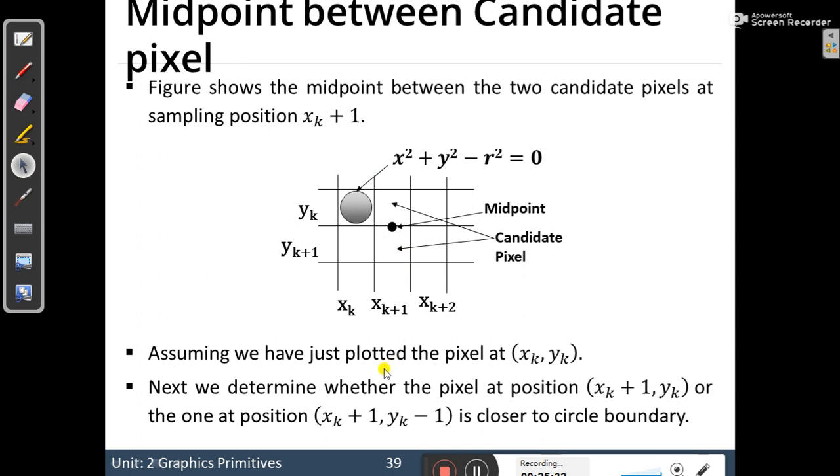Next we determine whether the pixel at position xk plus 1, yk, or the one at position xk plus 1, yk minus 1, is closer to the boundary.